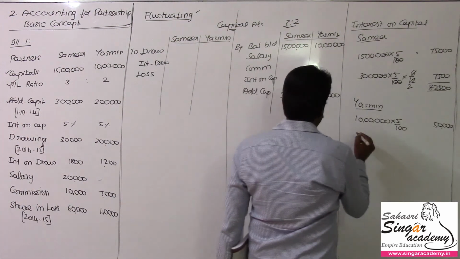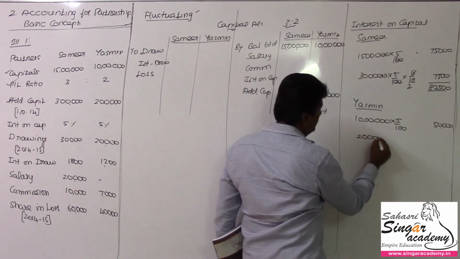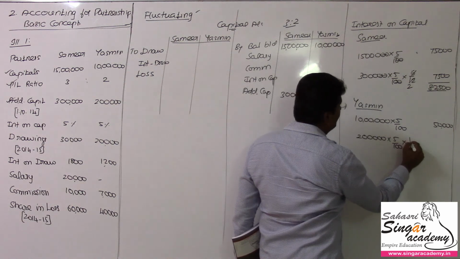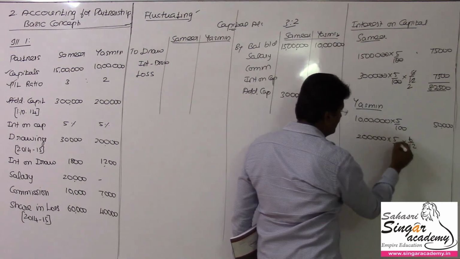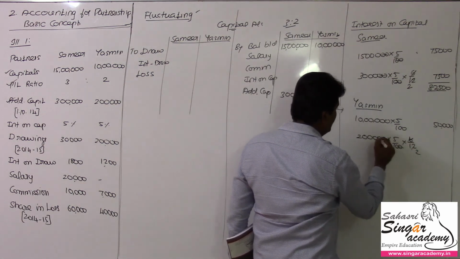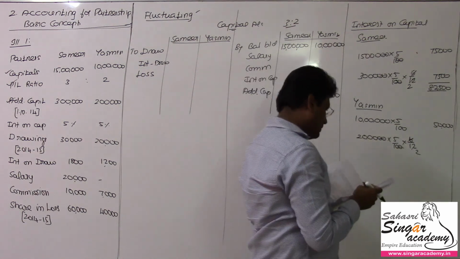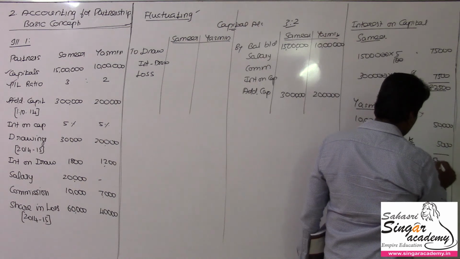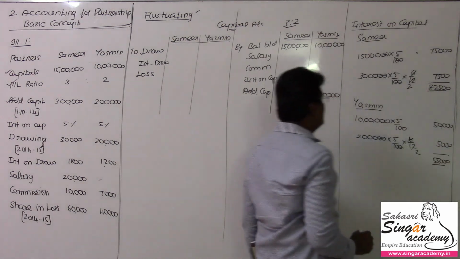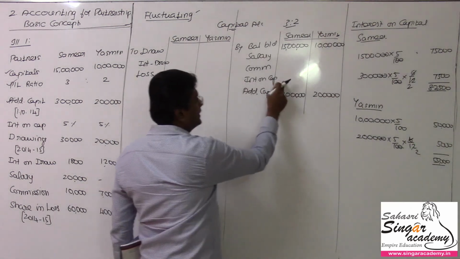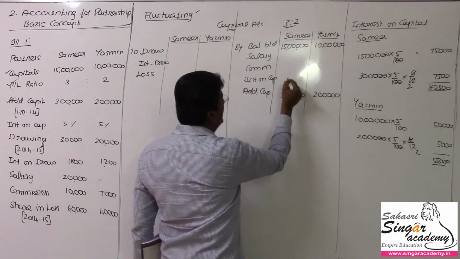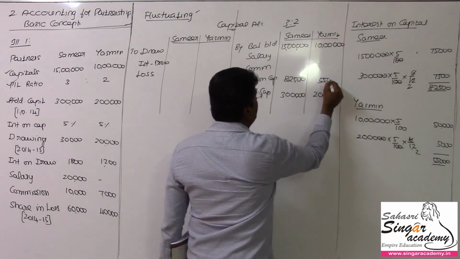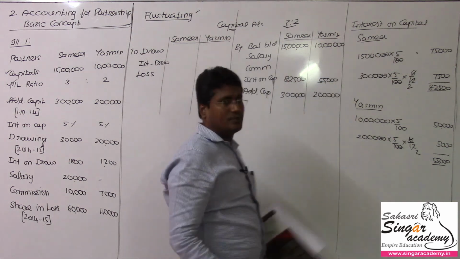The additional investment being 2 lakhs, 5% for half a year, that is 6 by 12 months, the value will be 5,000. The final value here is 55,000 rupees. So now we have to credit these two partners for the interest on capital to this extent: 82,500 for Samir and 55,000 for Yasmin. I hope you could understand this one.